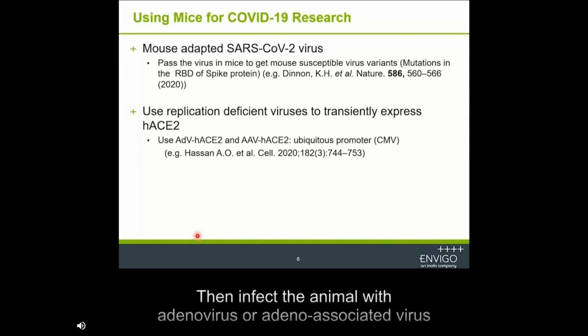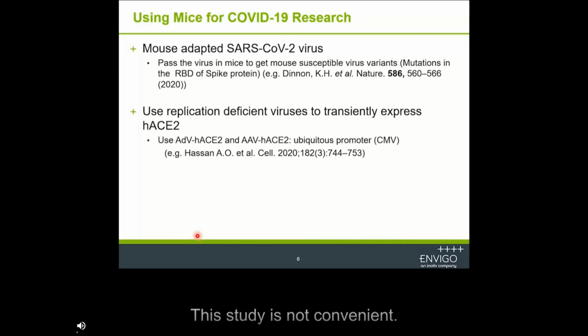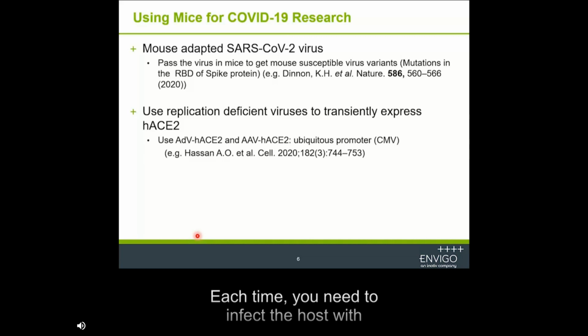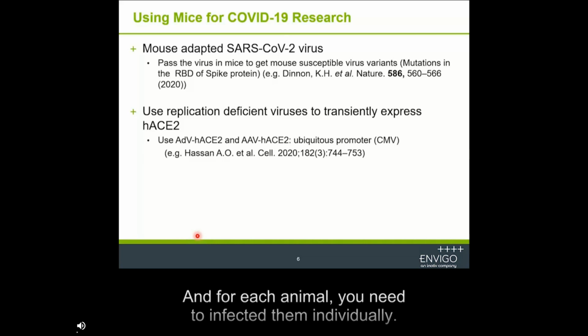Then infect the animal with adenovirus or adeno-associated virus to express human ACE2 protein in the lung. This strategy is not convenient. Each time you need to infect first with adenovirus or adeno-associated virus, then infect with the actual SARS-CoV-2. And each animal needs to be infected individually.